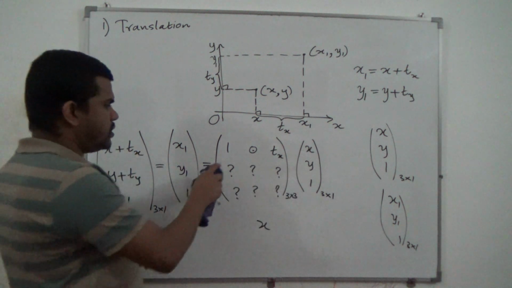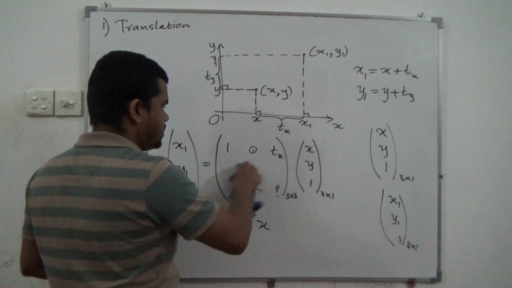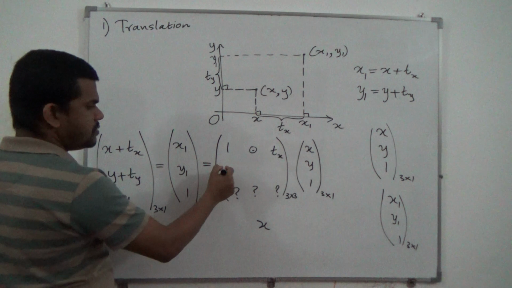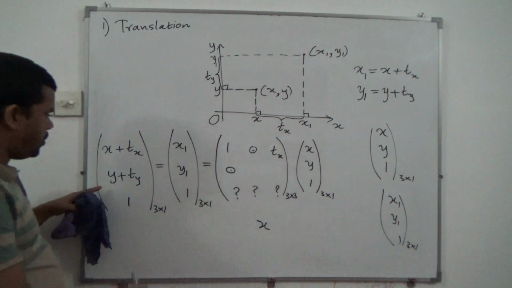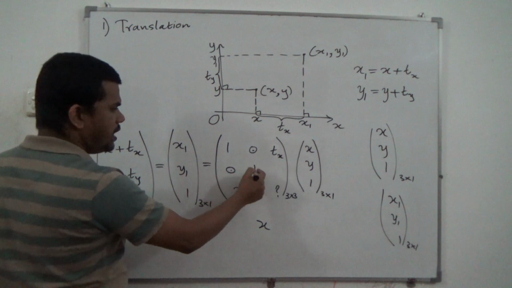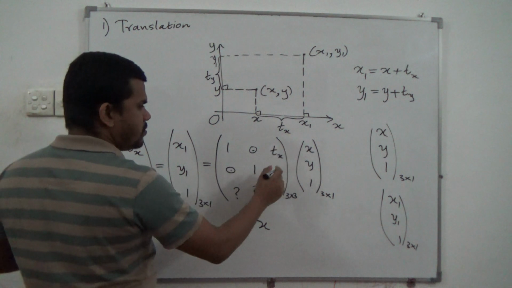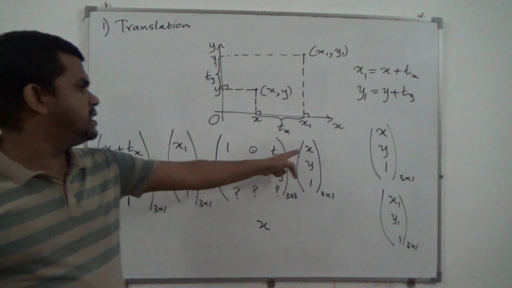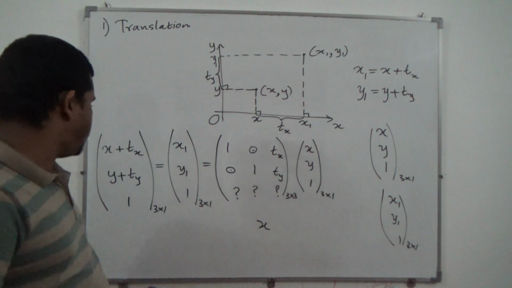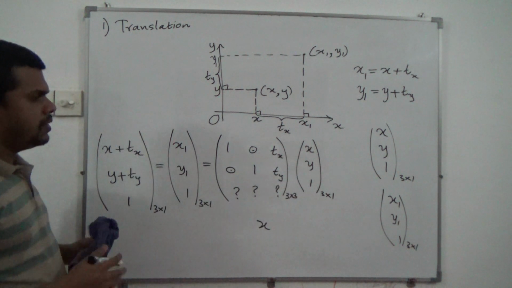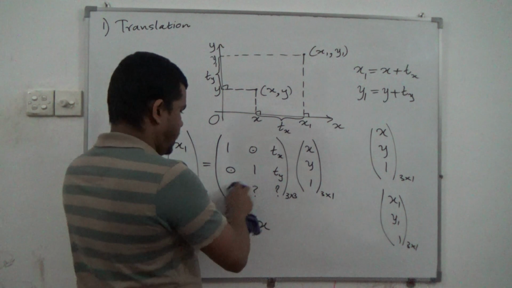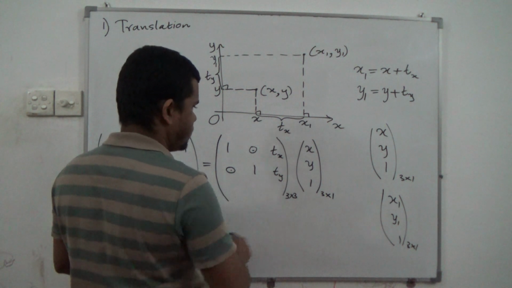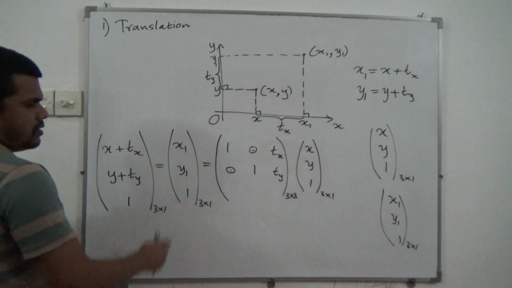So similarly you can write down the second row. We do not have x terms, therefore here we have 0, and y, and finally ty. So 0, y plus ty, y plus ty. Finally we have to get 1.